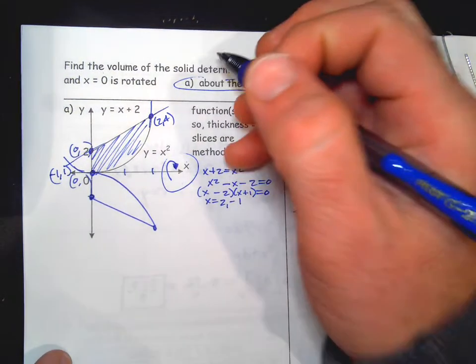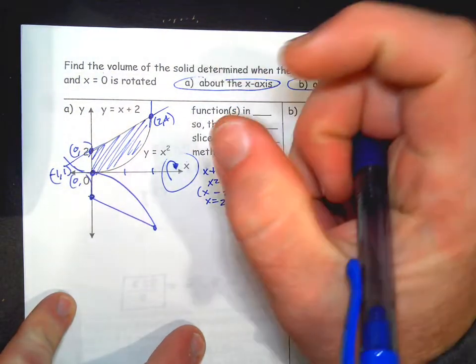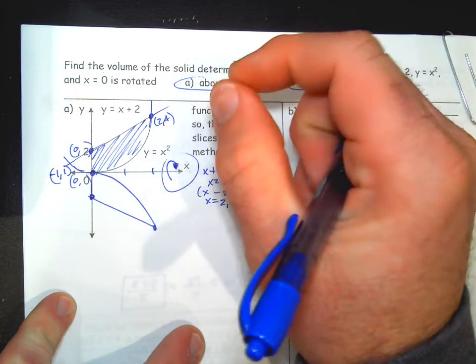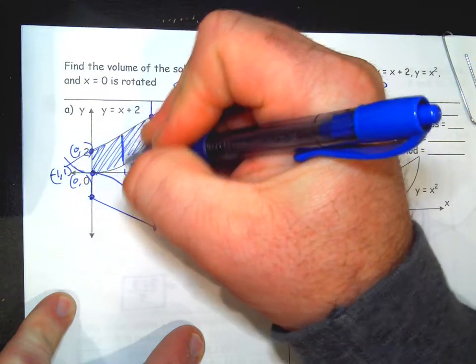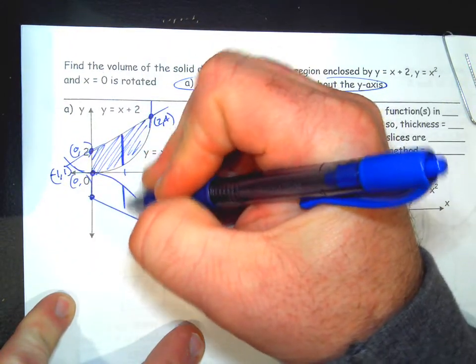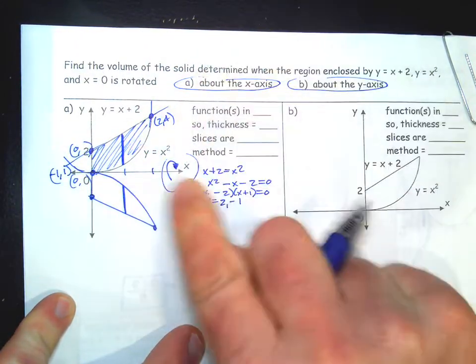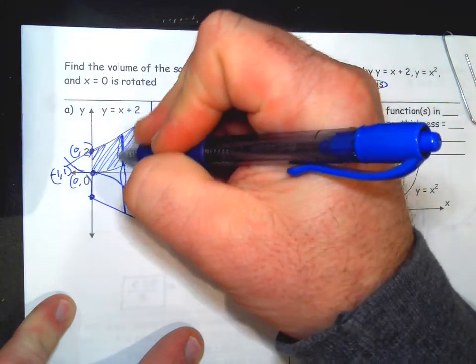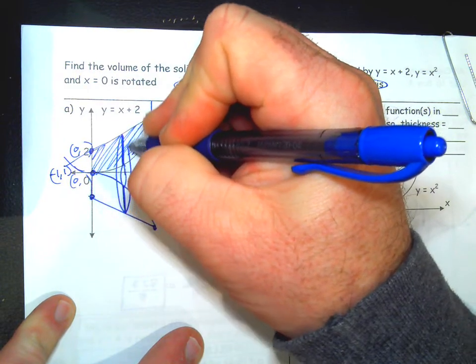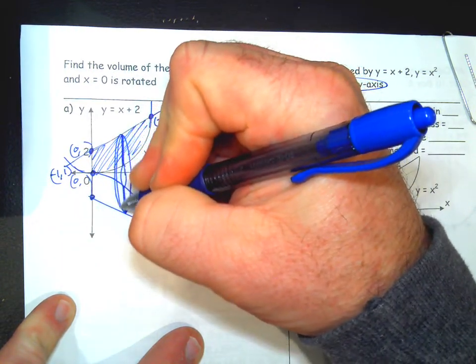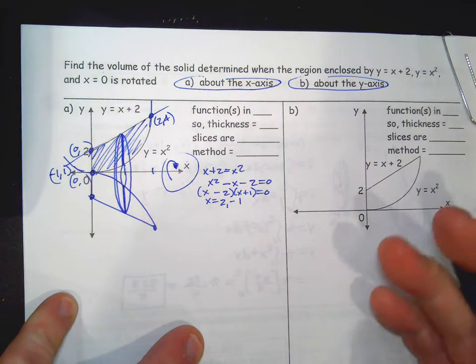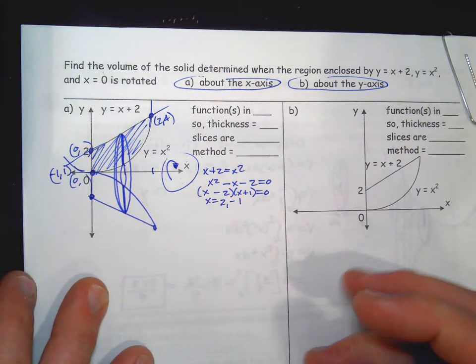Now, if you want to get the disc method or the washer method, you want to slice perpendicular to the axis of rotation. Okay, so this is the axis of rotation. You want to cut into it. If you do that, you can draw these kind of like circles. You're going to get the disc method or the washer method, which is a big disc minus a small disc.